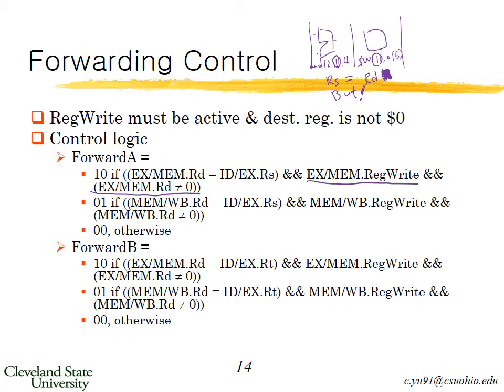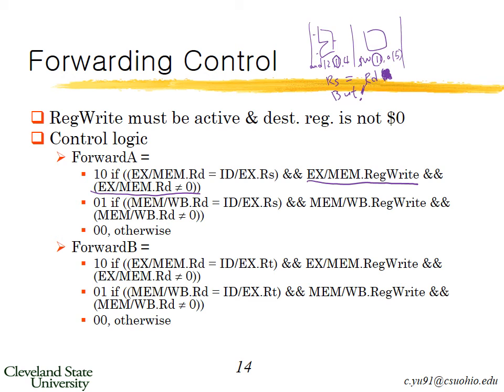Now another complexity comes from the fact that when the execution stage is executing AND instruction 12, 11, 4, the memory stage may be executing a store instruction 11, 0, 5. RS in the execution stage is 11, and in the memory stage it is actually RT, but RT and RD in the case of a load word or store instruction are interpreted as RD.